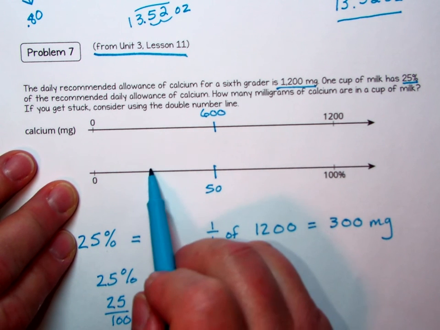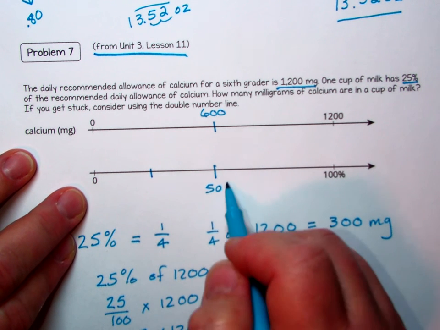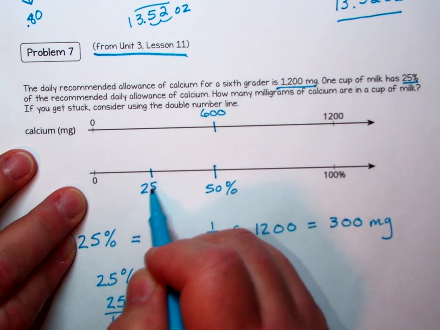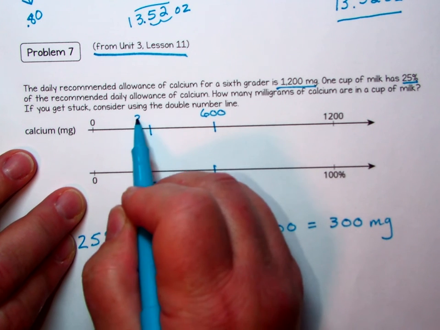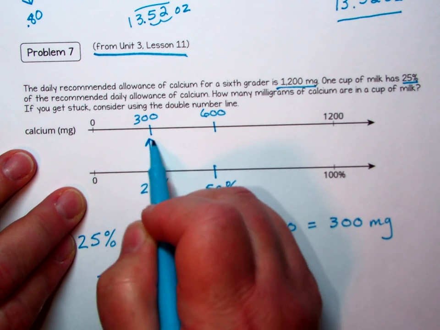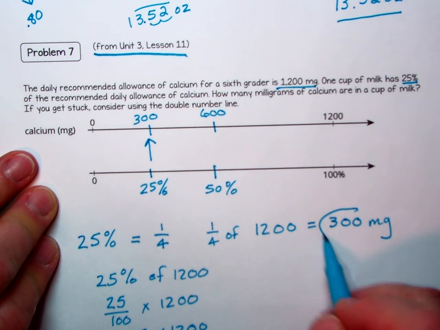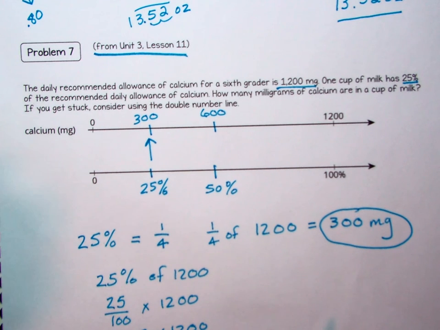And then if we split 0 and 50 in half, we get 25%, and 600, the halfway mark between 600 and 0, is 300. So we could also do it this way. But our answer is 300 milligrams. All right.